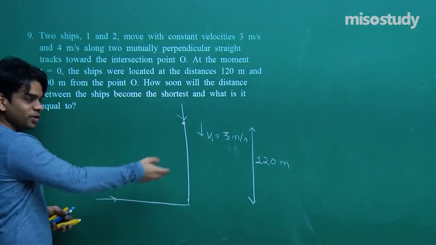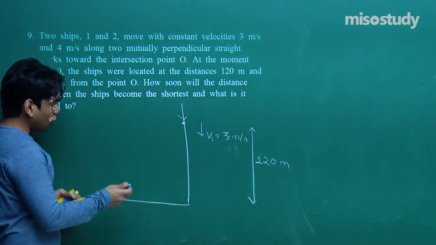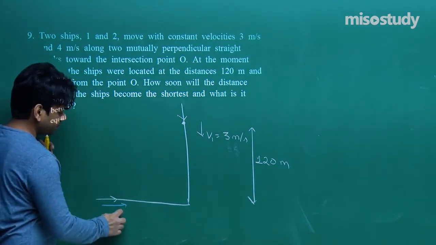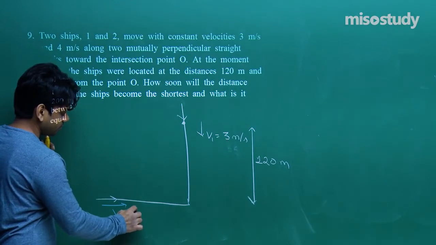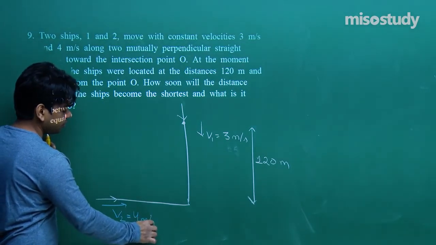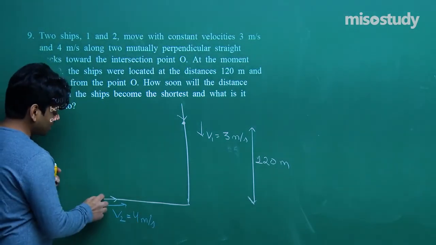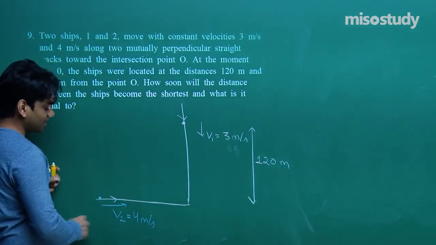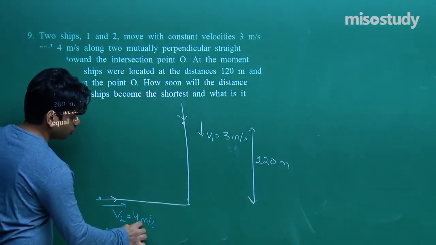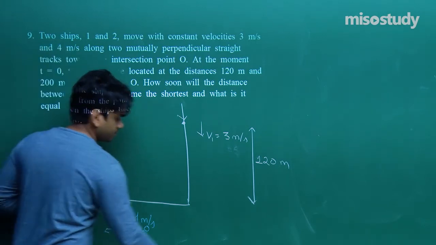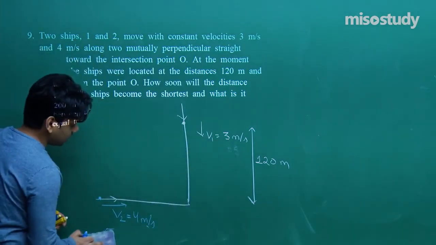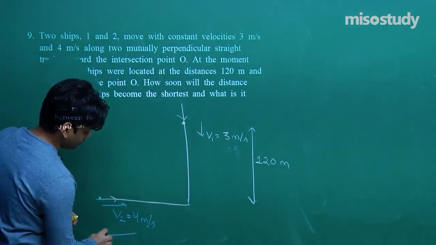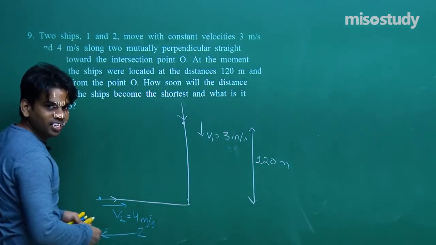Now one more ship is moving towards the right hand, towards the common corner, with a speed 4 meter per second, and initially it's lying here. Let me show that this distance is 200 meter. Let me show you very clearly without any confusion. I hope that you can see clearly till this end.